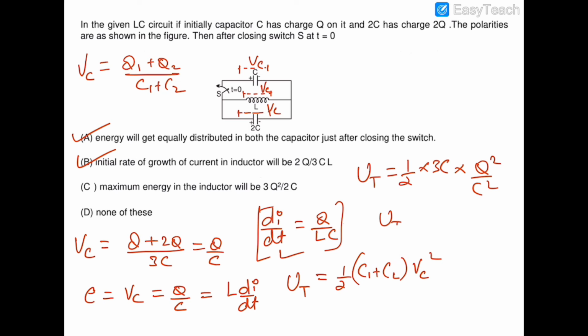So the total energy will be equal to 3Q square upon 2C. This is the total energy stored in the capacitors. And when these capacitors transfer this energy to the inductor, then the maximum energy stored in the inductor will also be this 3Q square by 2C. So option number C is correct, and hence the only correct option is option number C.